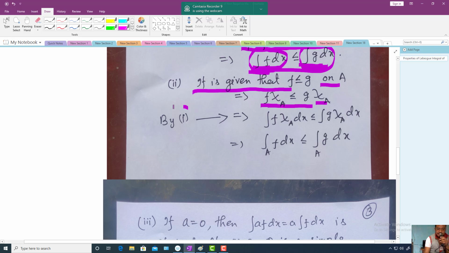According to number 1, if a function is greater than another function, its integral is greater as well. By the definition, the integral of the function f on the set A is less than or equal to the integral of the function g on the set A. So this is what we wanted to prove. Number 2 is also established easily.